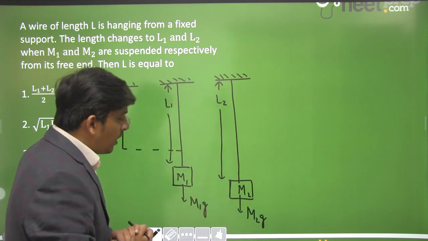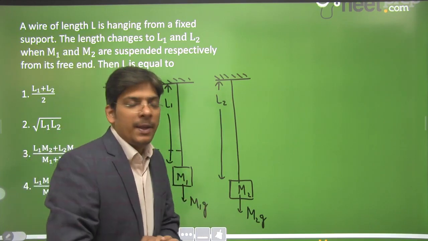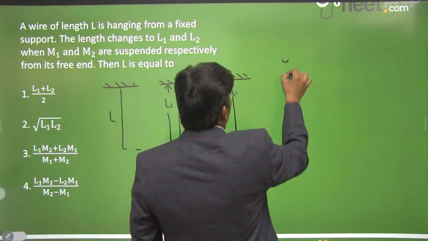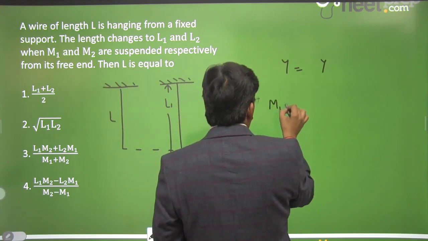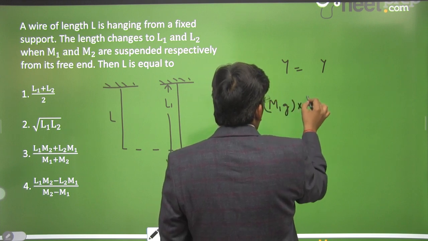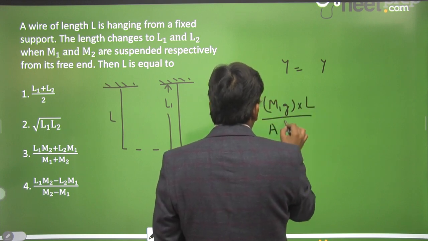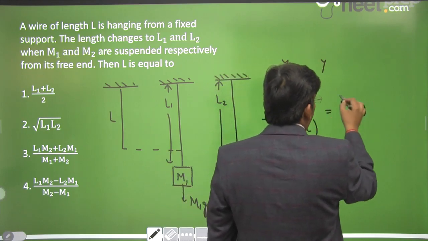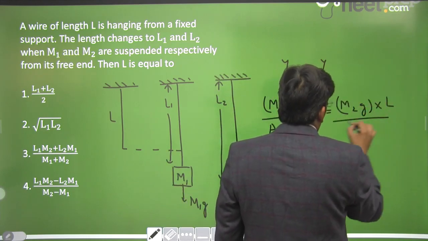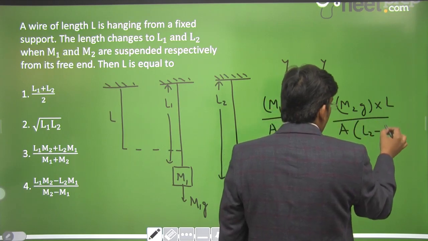You know that Young's modulus is not going to change whatever the case may be. So we'll equate the Young's modulus in both the cases, which is force M1G into original length divided by area of cross section into change in length, dear students. In the other case, it is M2G into original length divided by cross section area, change in length, right?